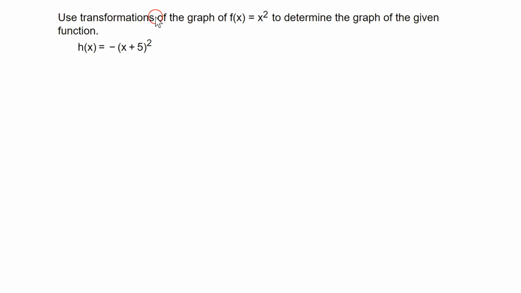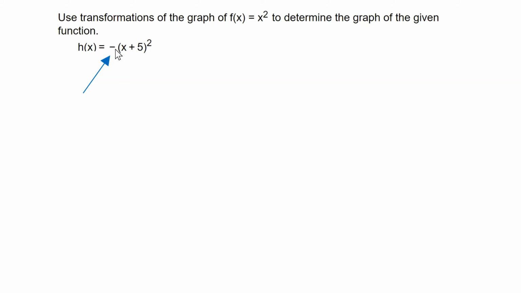So analyzing our function, the first thing we notice is this negative outside the function. Anything outside is always a vertical effect. And if I have a negative outside the function, it means I'm really multiplying the function outside by a negative 1. Multiplying by a negative 1 is always a reflection.